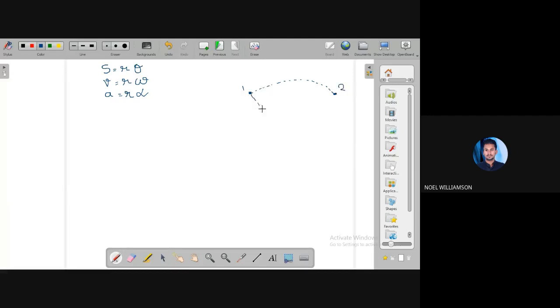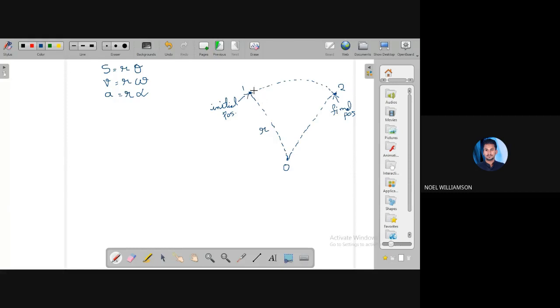So let this be the radius, this is O. So this is the initial position, and this is the final position, and the particle is moving in this particular direction, in this curve.